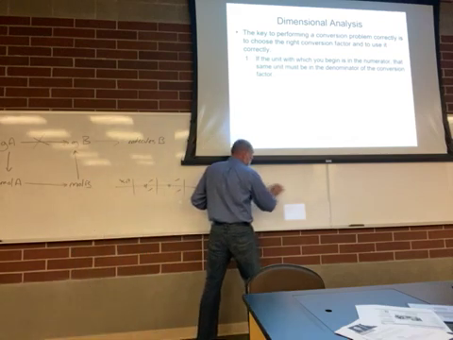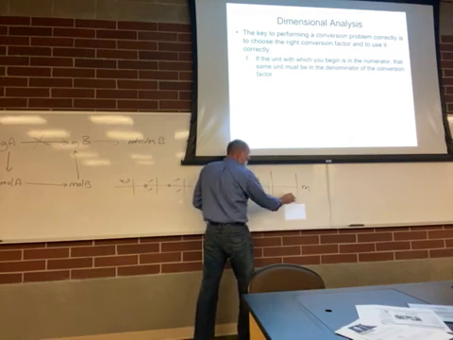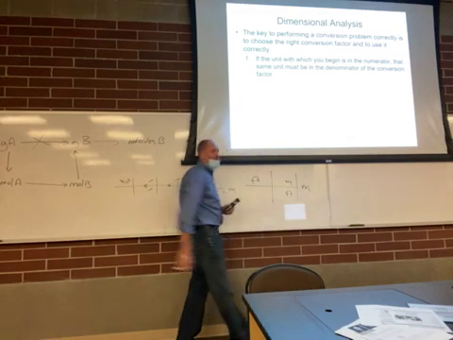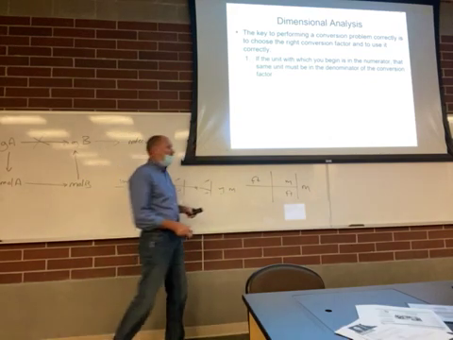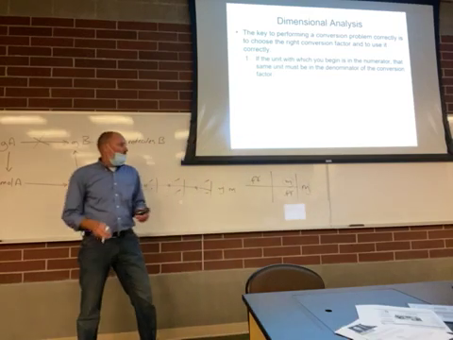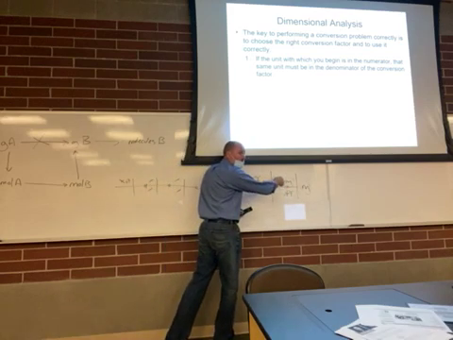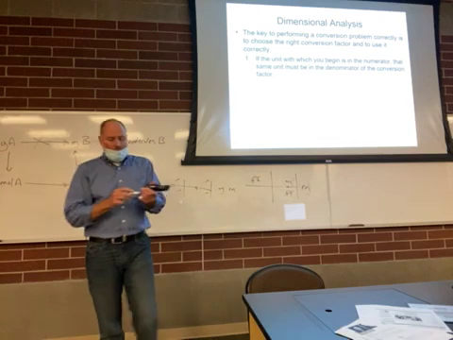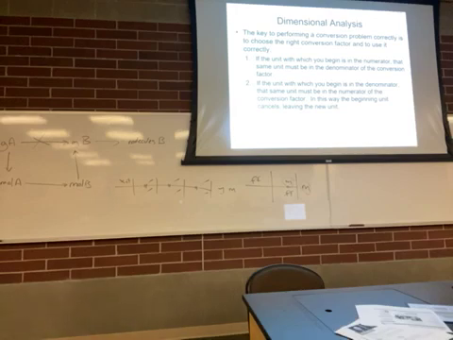Feet are given, meters are what I really want here, therefore I have to have feet on the bottom and meters on top. Does that make sense? And that's really all we're doing, because then when the feet cancel, I'm left with the meters. Okay? And you can see how many meters equals a foot, or how many foot equals a meter. So that's really all the dimensional analysis is, just setting up a relationship between equivalencies that we know. All right? And vice versa on this, and you'll end up with the right one.